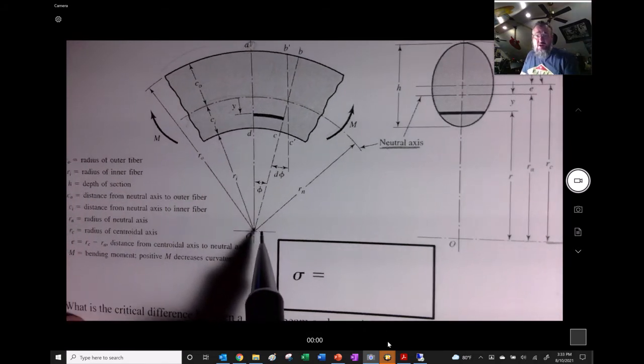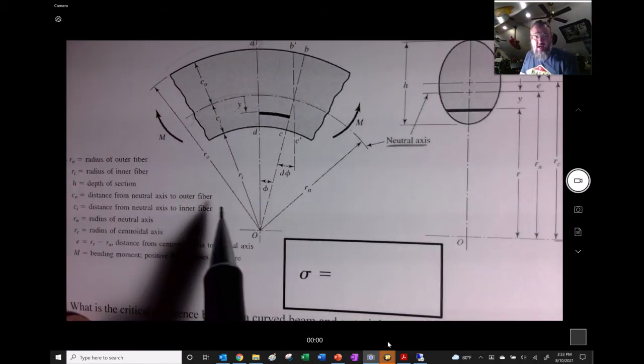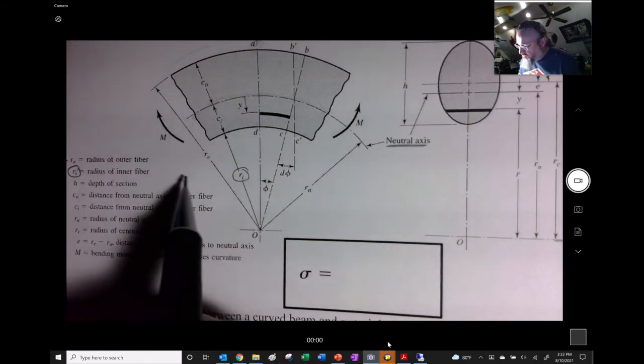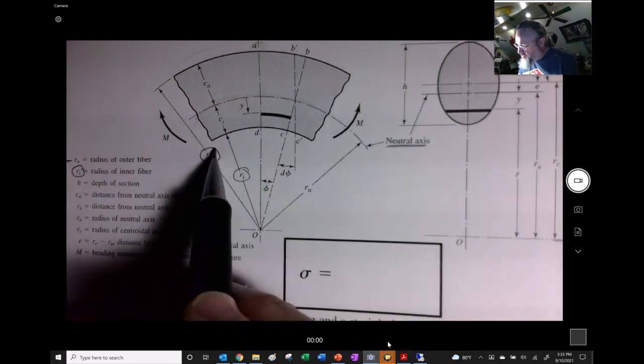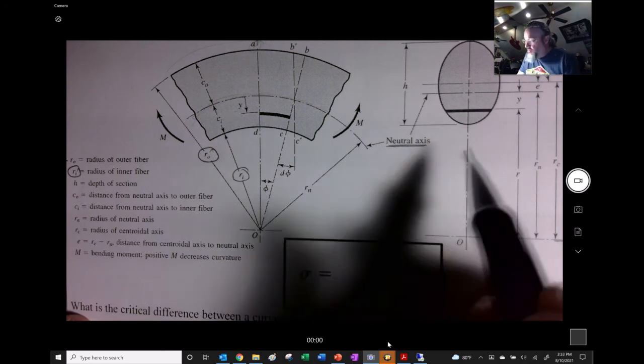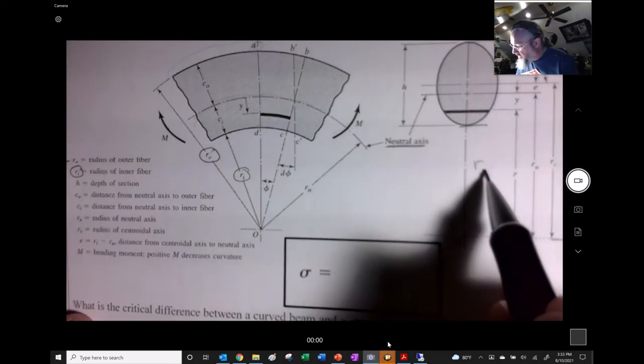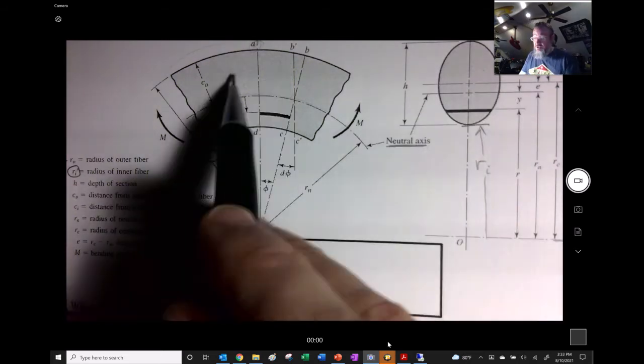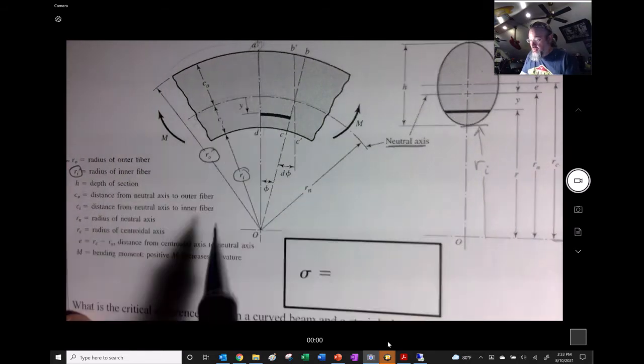We've got to make sure we know where the center of the curvature is. And then we also have RI, which is going to be the radius to the inner fiber. So these are going to be two things that we would probably know, and they didn't draw it over here, but here would be RI to get up to right there, right? That's this cross section through this spot right there.